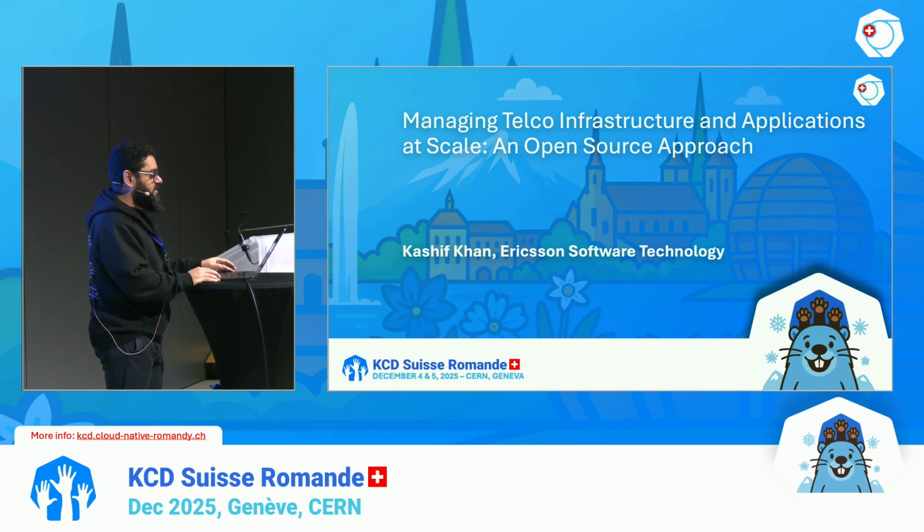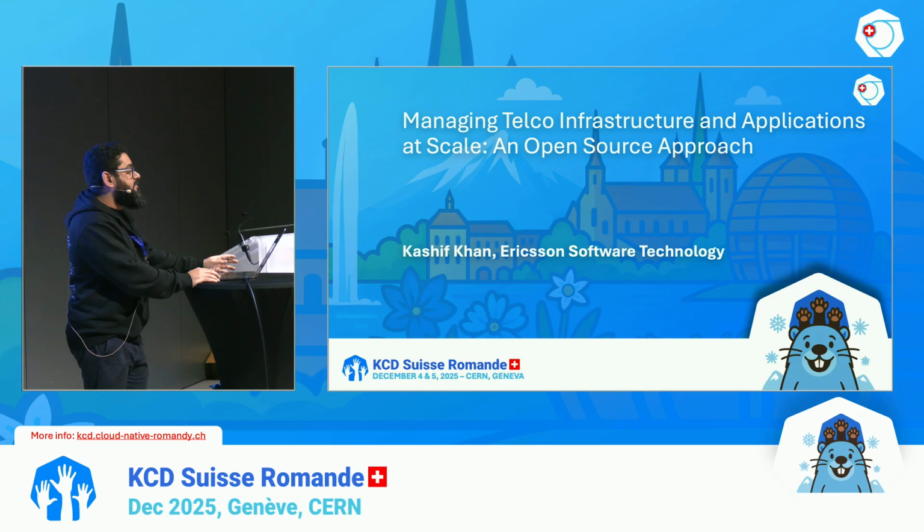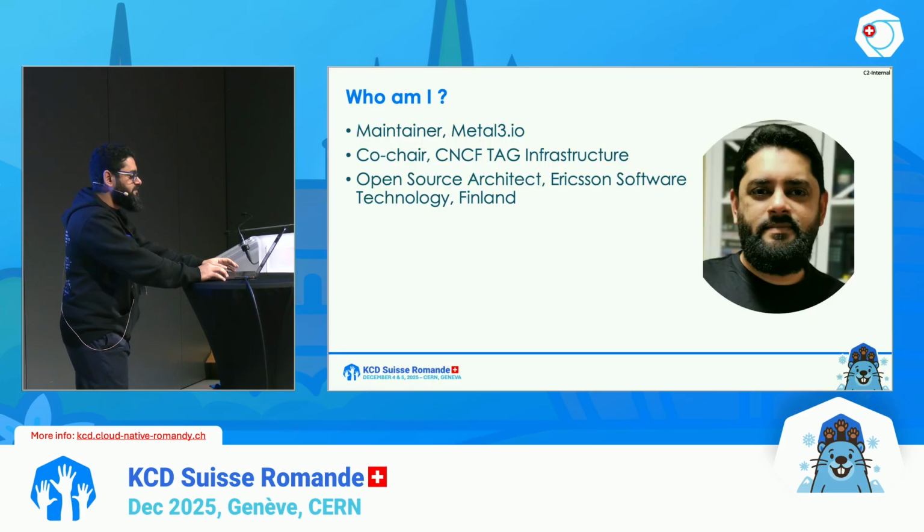So the challenge is not just about running the workloads or applications, it's also about provisioning, managing, and upgrading the infrastructure and clusters with the same declarative pattern. And today, my plan is to walk you through how we achieve that using open source tooling, mainly Kubernetes, Cluster API, and Metal3, the project that Ricardo mentioned.